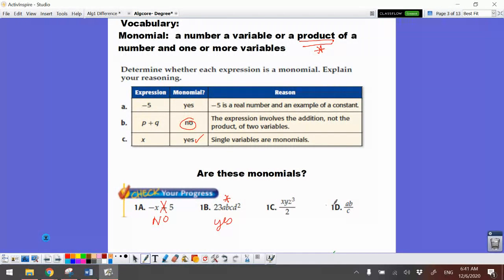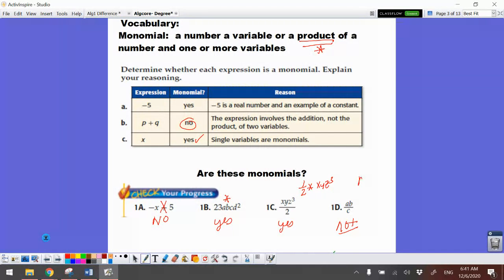All right, now we got two fractions here. One of these is a monomial and the other one is not, okay? This one is the monomial because I could write this one as 1/2 times the xyz cubed. It's fine to have a number in the denominator of a fraction. This one is not a monomial.